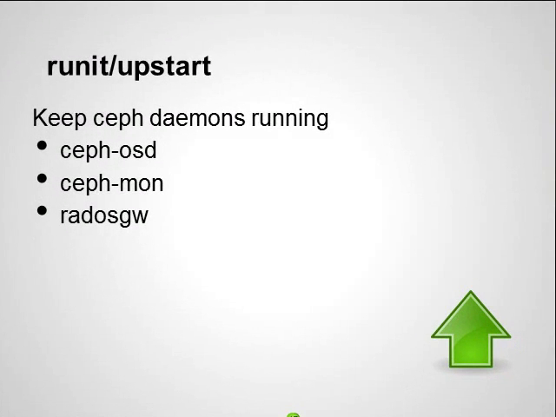We use a little bit of Runit, and we use a little bit of Upstart. The development of the Inktank work is moving more in the Upstart direction, so we're adopting some of our stuff over to Upstart, but the principle is the same. You want to use some sort of process supervision to make sure that things stay up.